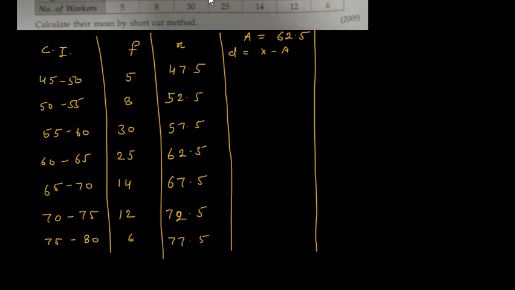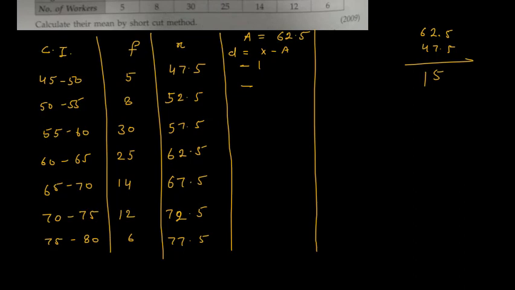So 47.5 minus 62.5. I am doing something wrong, I guess. 62.5 minus 47.5: 12 minus 5 is 7, and so this is 15, not 17.